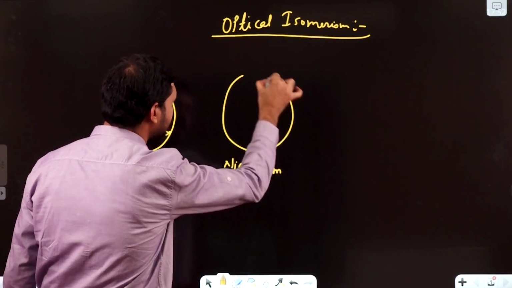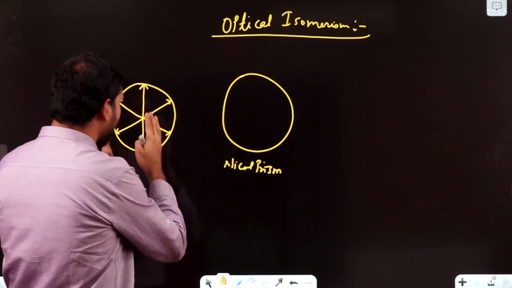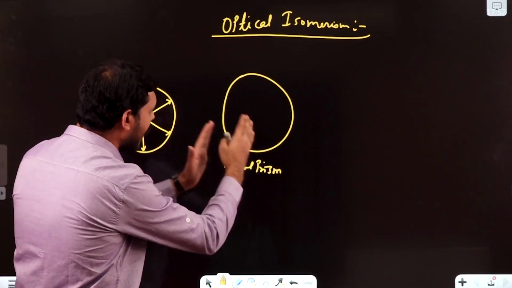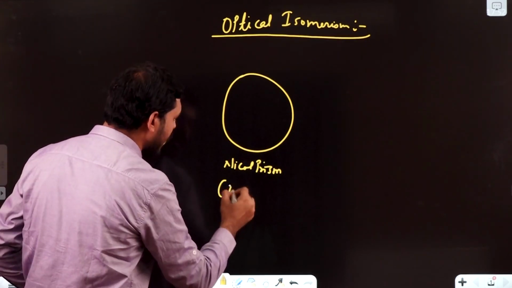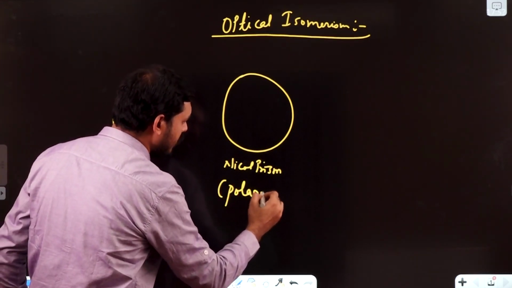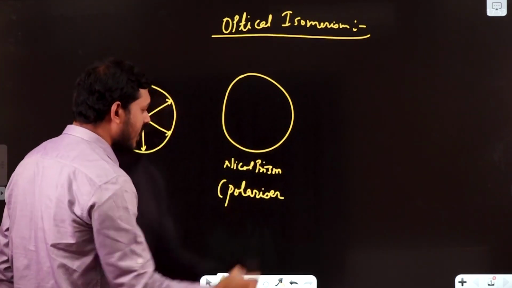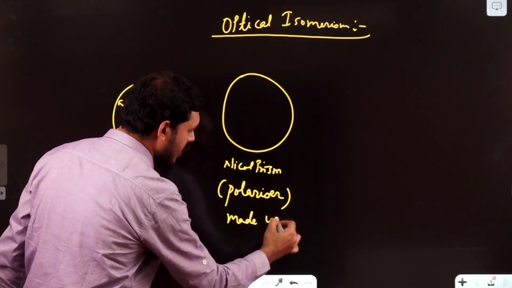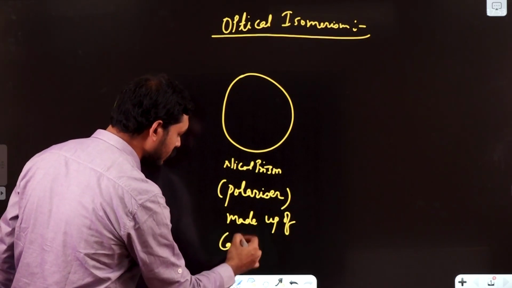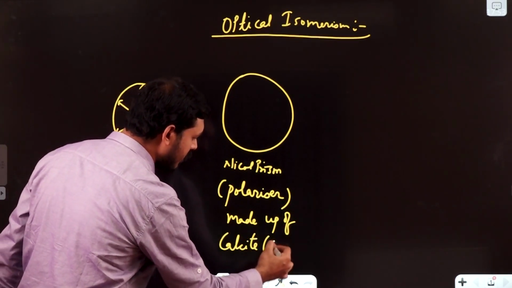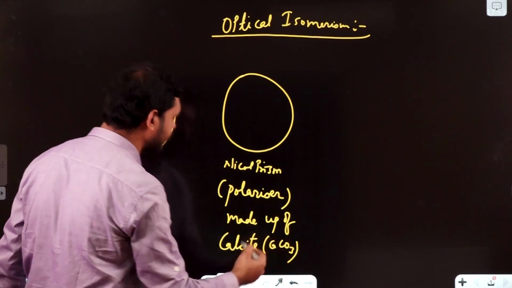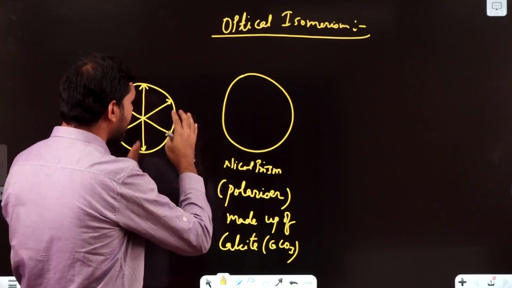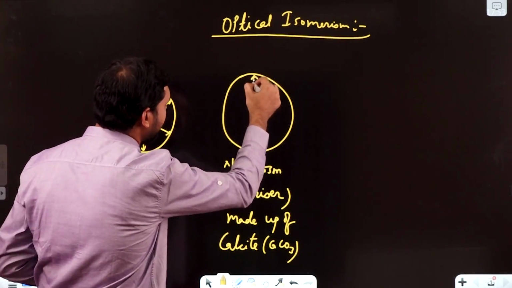When light rays pass through this Nicol prism, your polarizer, made of calcite, CaCO3, a particular plane of light is observed.